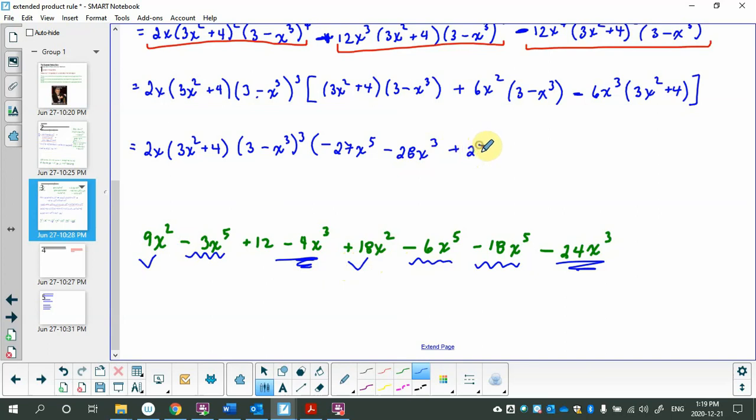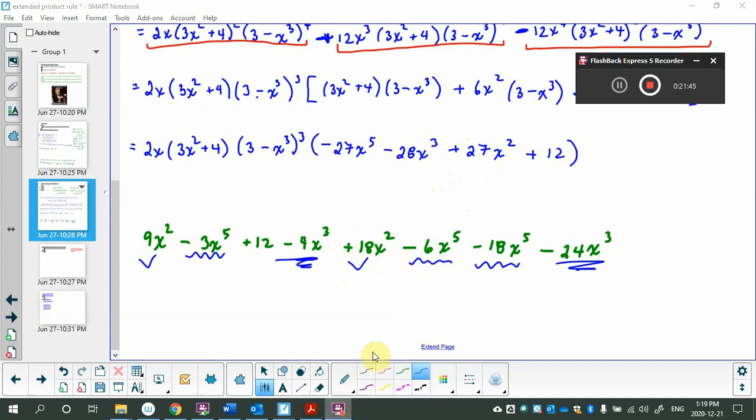Positive 27x to the 2 plus 12. Now I'm not done, but I need a hand cramp break. Plus I want to show you one more thing that could happen to this, as in an or, meaning an alternate answer. So give me a sec to uncramp my hand.